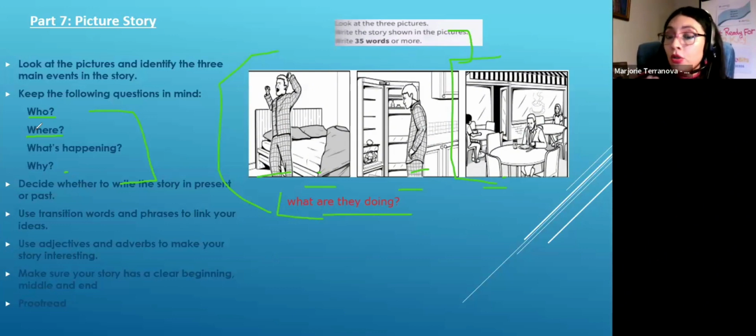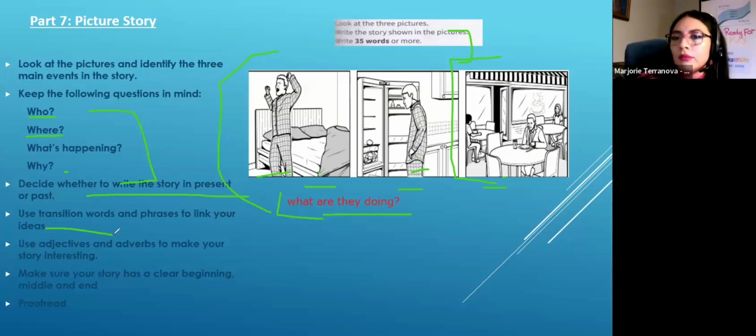And also some past of irregular verbs, not all of them, but some of them. They decide. It's not compulsory that they have to write the story in past. They can do it in present or they can do it in past. It's whatever they prefer, whatever they feel more comfortable with.